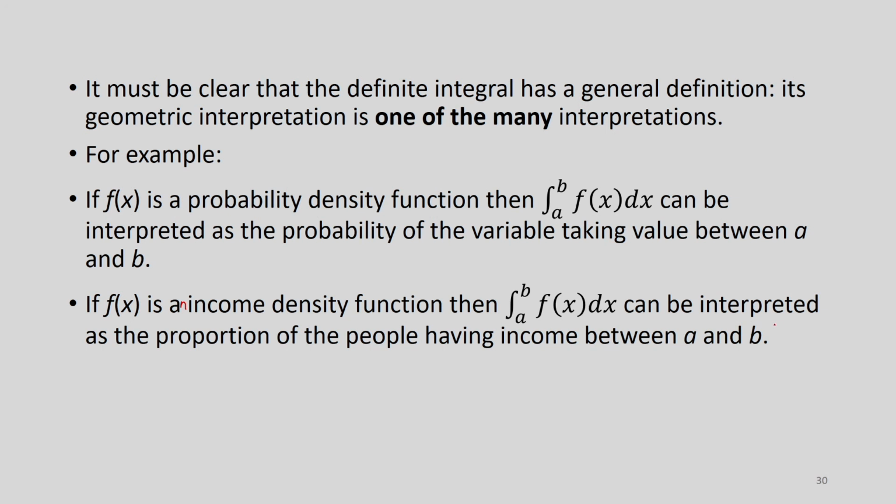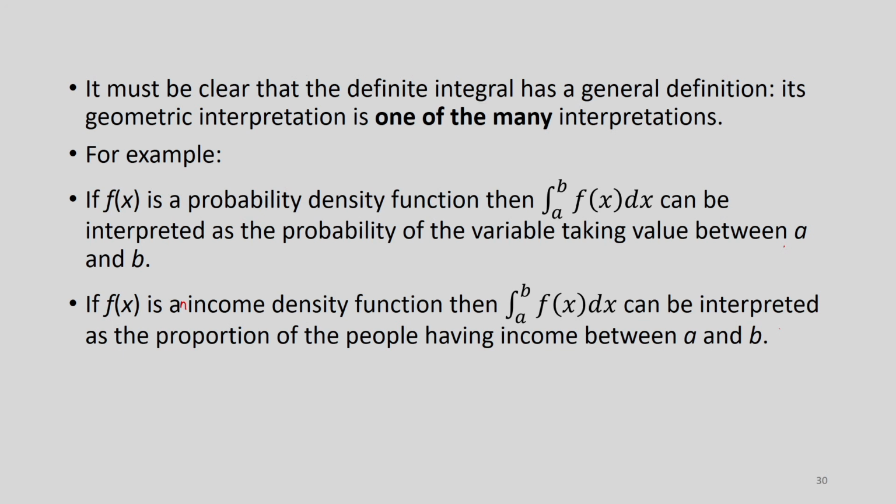This interpretation is somewhat similar to the statistical interpretation, and you can see what is going on: f(x) is the income density function, and we are going to talk more about that later on when we deal with income distribution and the application of definite integrals there.